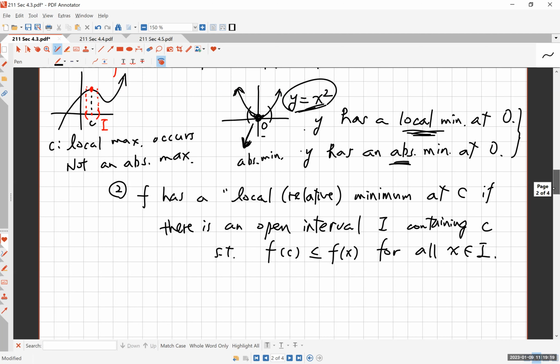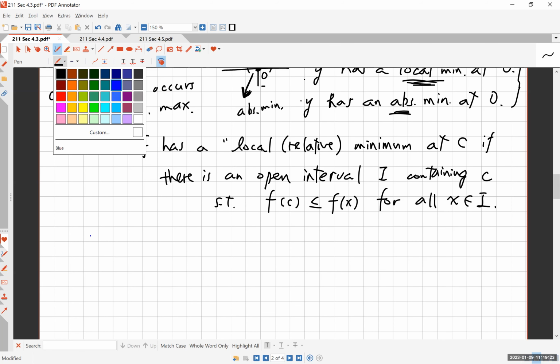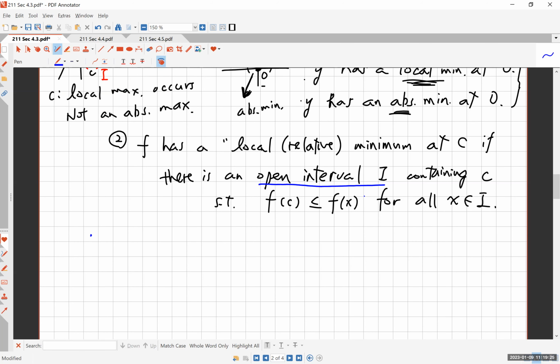I was going to say something else here. When I talked about this open interval containing c, any open interval containing c is going to look like this. And I used this word slightly in passing, but this is called a neighborhood.